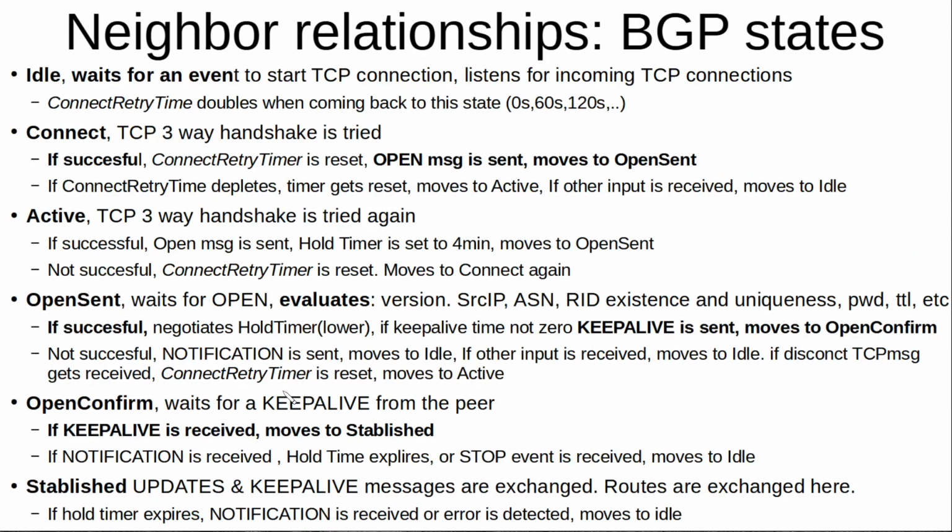There are several BGP states. If everything happens correctly, you will start with idle, then you will go to connect, where a 3-way handshake is tried. If this is successful, an open message is sent, then we move to open sent. In the open sent state, we wait for an open from the other side, then an evaluation is run.